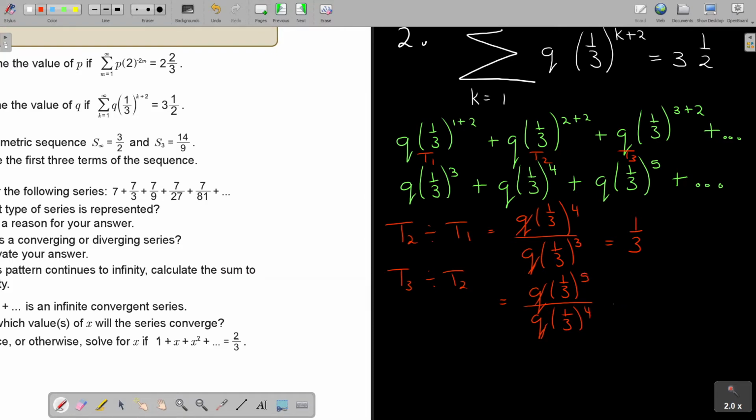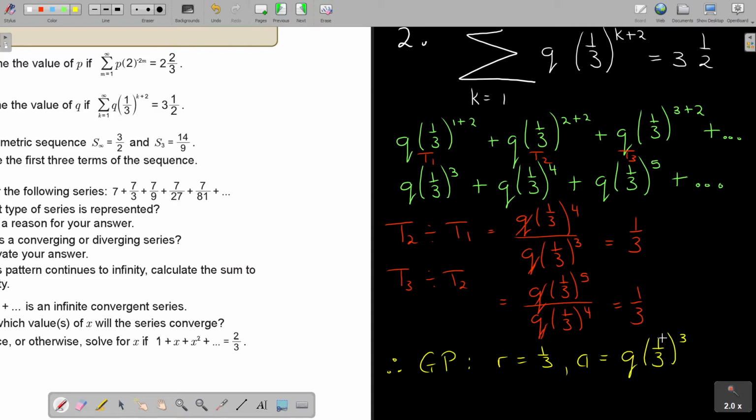Cancel 5 minus 4, and it's a third. Therefore it's a GP, and the value of r is a third, and the value of a we just leave like that again. That's the value of a.